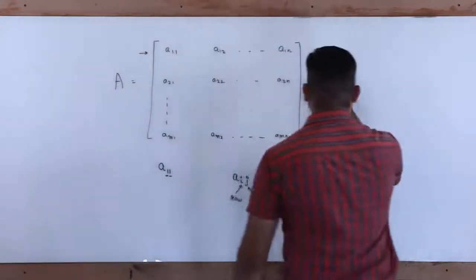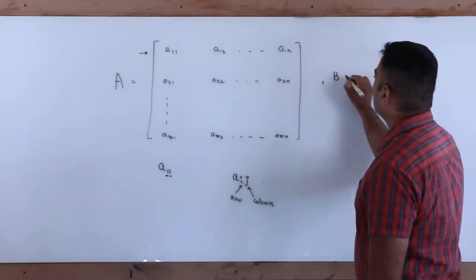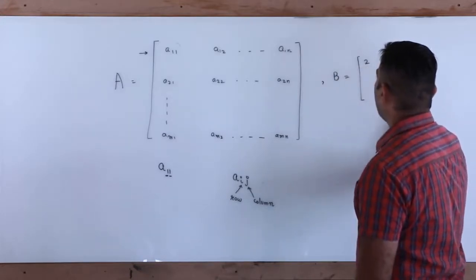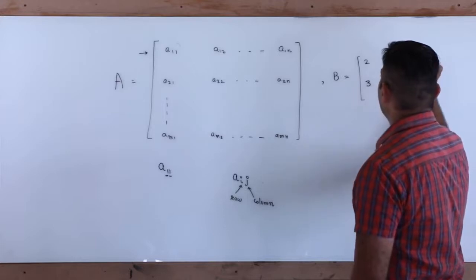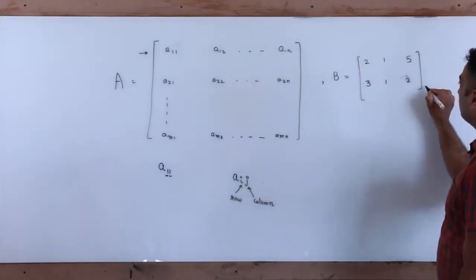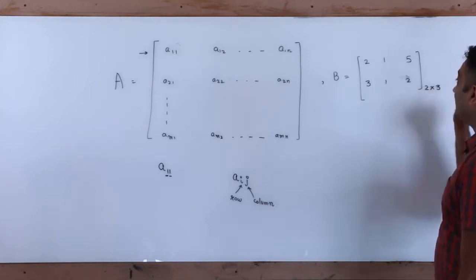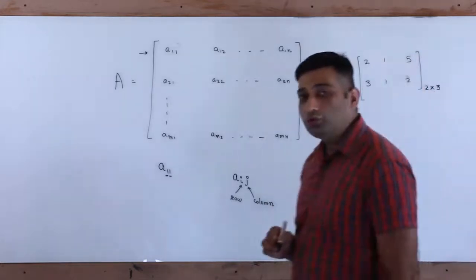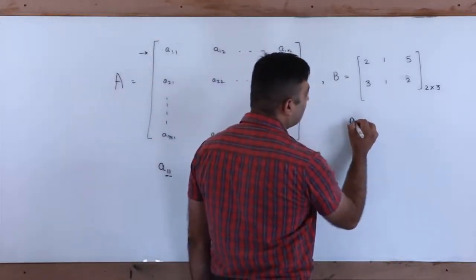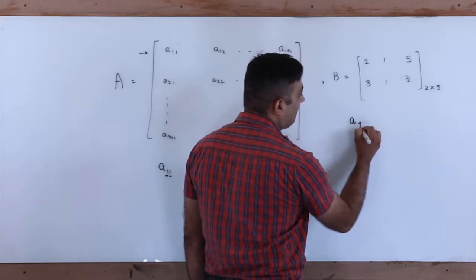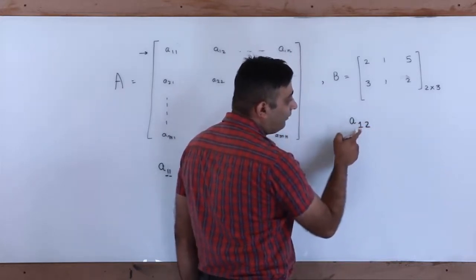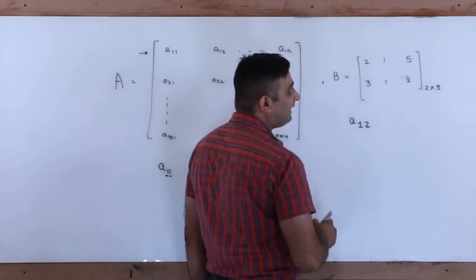Now we can take an example: a matrix B has elements 2, 1, 5, 3, 1, 2. In this we can see that the order of this matrix is 2 by 3. That means there are 2 rows and 3 columns. Now we can find some general elements like A12. This means the element of first row and second column.